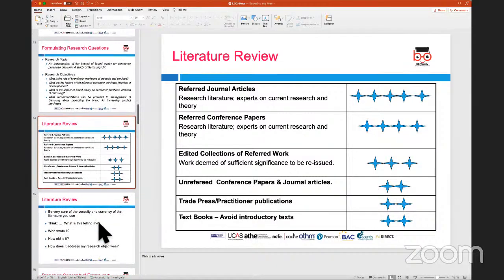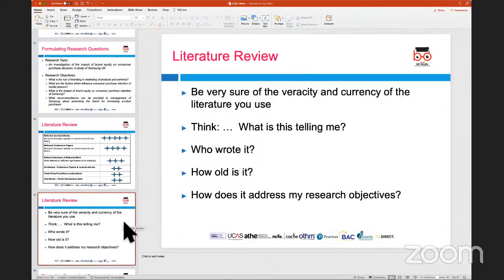Now, the second bit that I would look at is, when I carry out literature review, I'm going to be focused on basically looking at what the existing review of what I'm reading is telling me about. Who has written it? How old is it? And how does it help me address my research objectives?